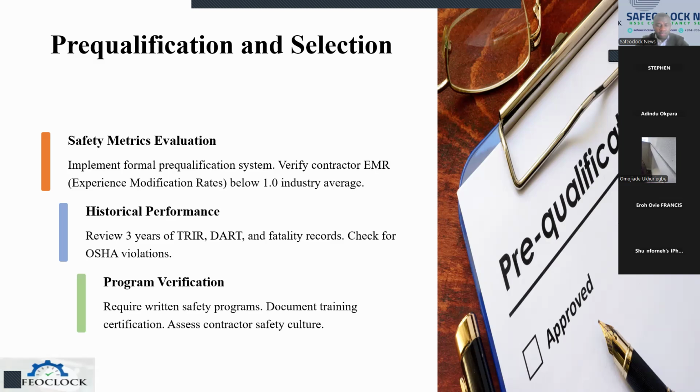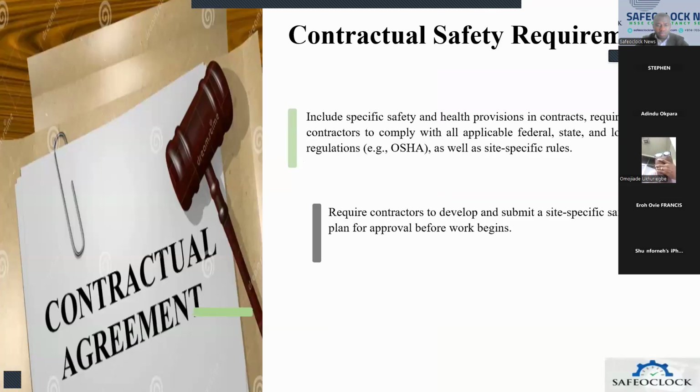There are numerous others which I believe we all have experience about, so in the course of our discussion, we can continue to mention many of them. Also, the contractual safety requirement is very important, because in this aspect it is going to be a kind of legal document, which might come from the HSE department in collaboration with HR and the contract department.